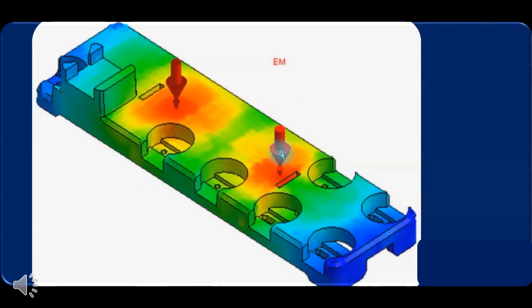This red arrow shows the gate, and this is the part, and this is the flow rate of the molten plastic material. This is overall heat generation, with maximum heat generation at this part, and this green part shows the material flowing through the blue area.